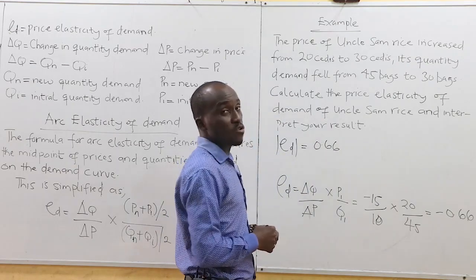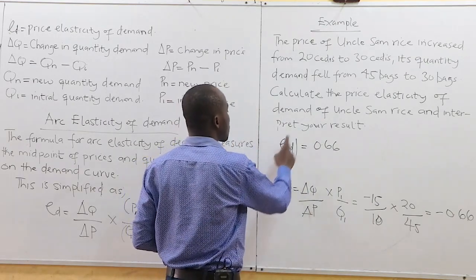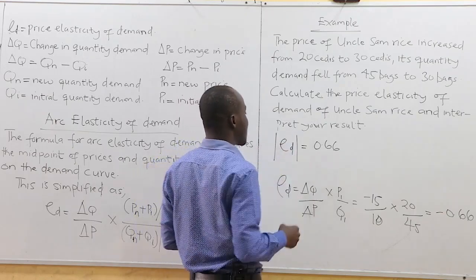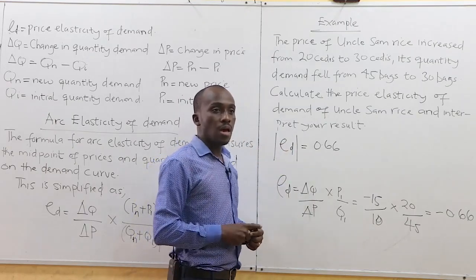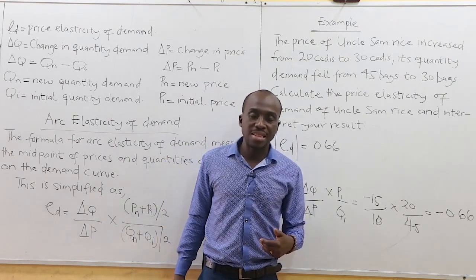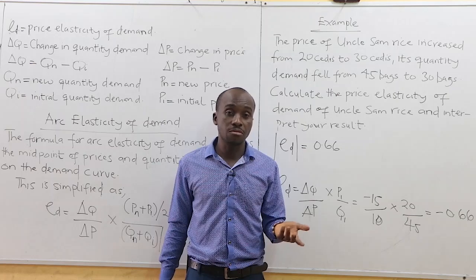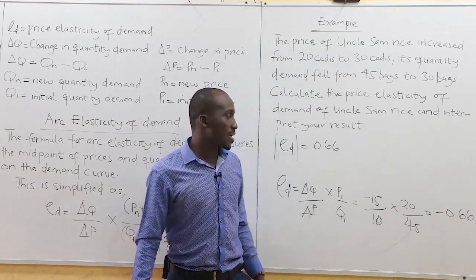When you say find absolute, if it's negative, make it positive. That's the symbol, a mathematical symbol, absolute. If it's negative 5,000, make it positive 5,000.